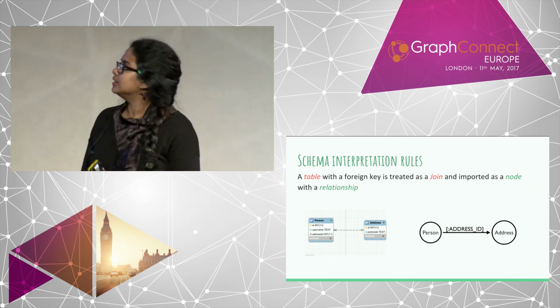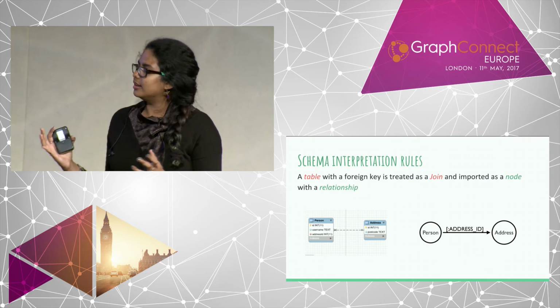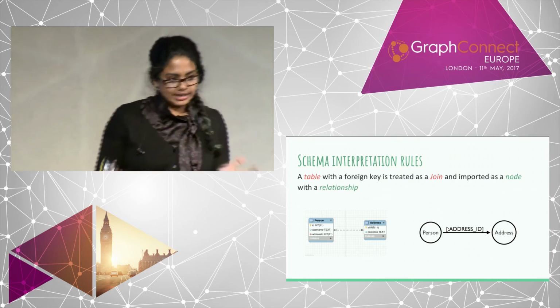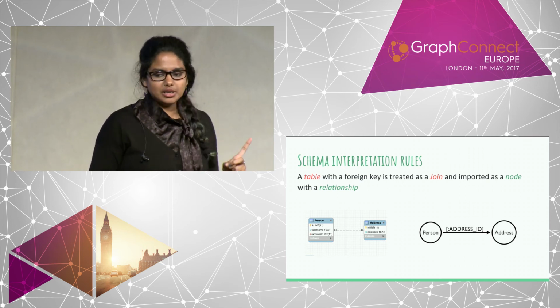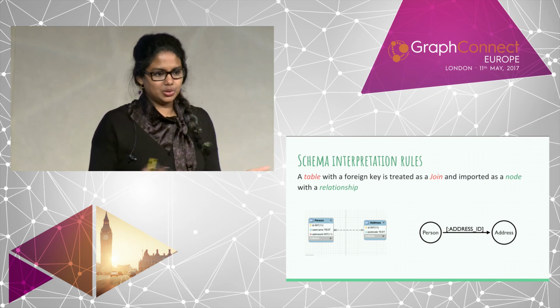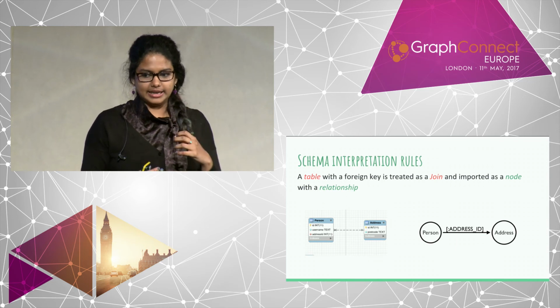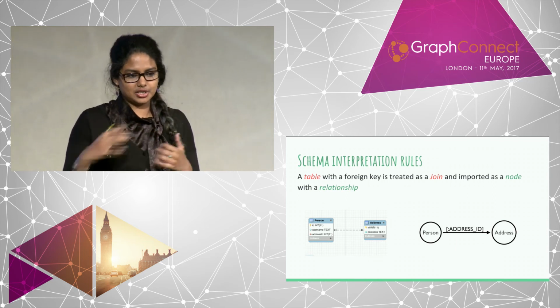In MySQL, or in a relational database, the first rule we use is that if there's a table with a foreign key in it, it is interpreted as a join.